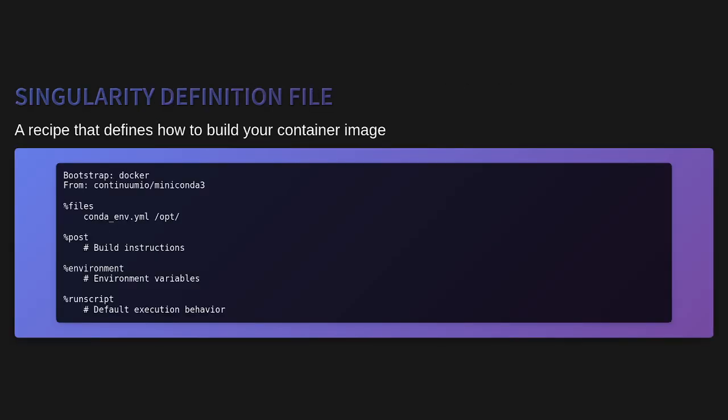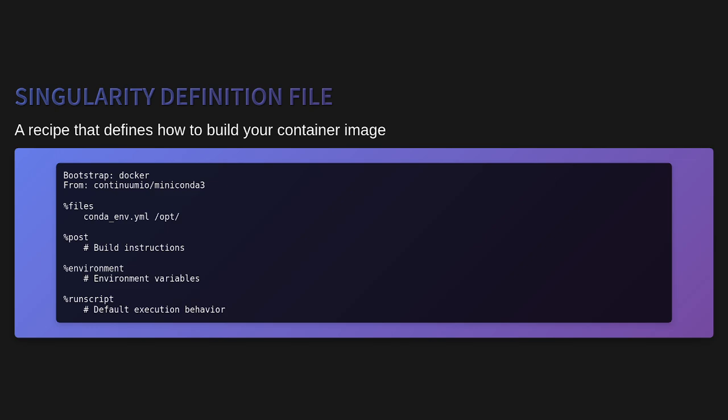And now let's discuss how we create such things. This is basically a recipe that is used to create a Singularity image. It's very similar to Docker if you have already used it. The first two lines tell us from where we want to take the image, the base image it will be based on.